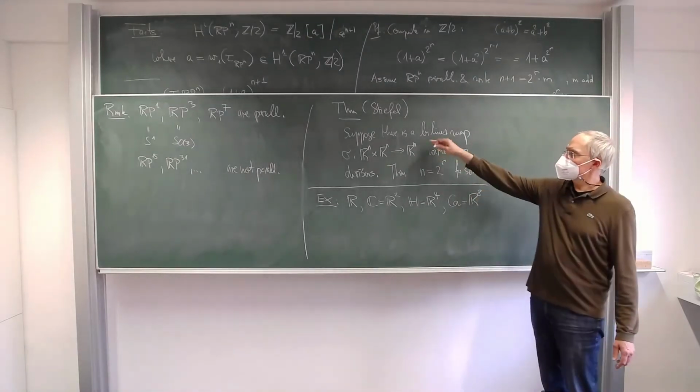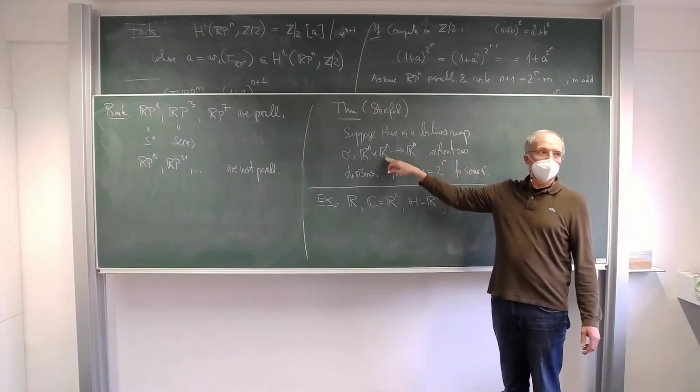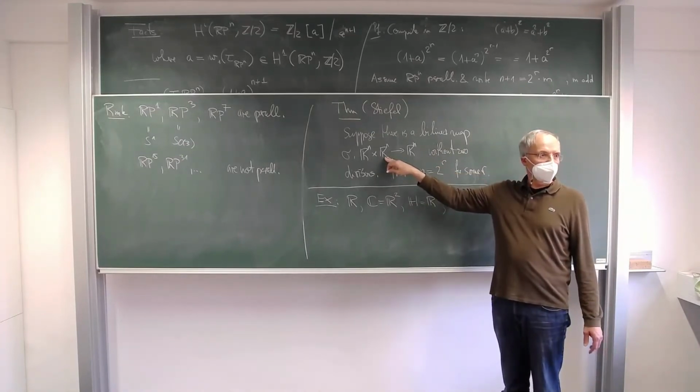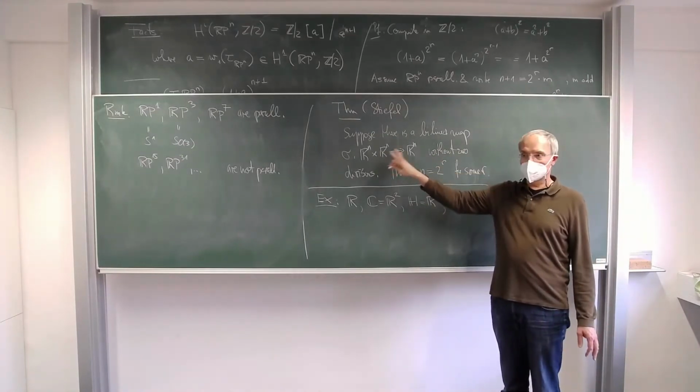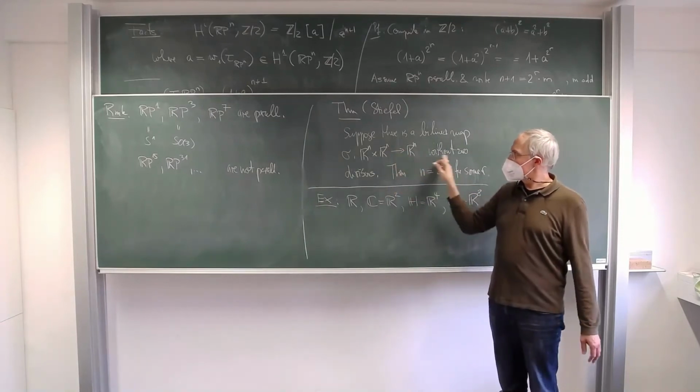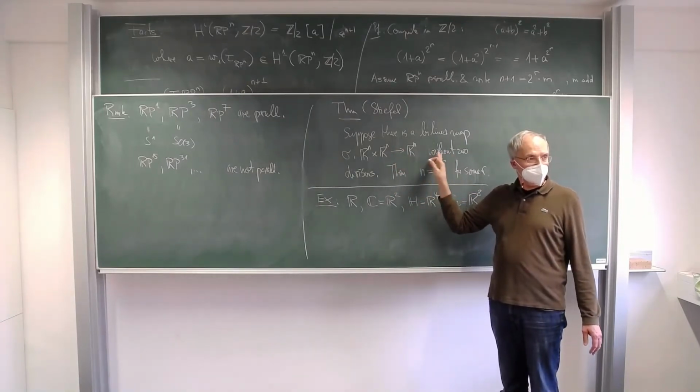So there's no assumption that this product, if you will, has to be commutative, associative or anything, right? There's no such thing. The only thing that matters is that it has no zero divisors.